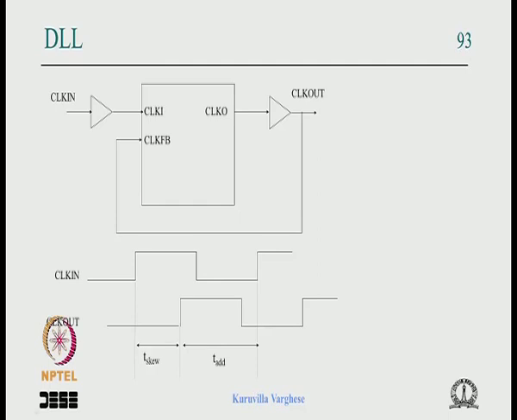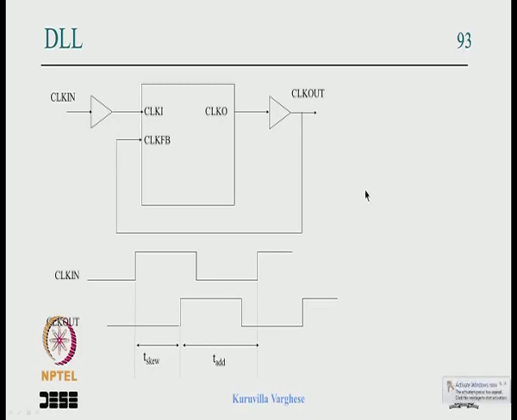So that's the idea of the DLL, which adds delays to remove the skew. You don't need a PLL because a DLL is much simpler to implement than a PLL.